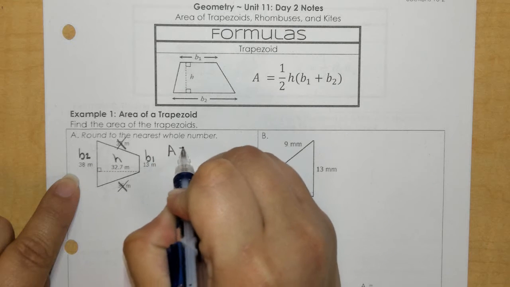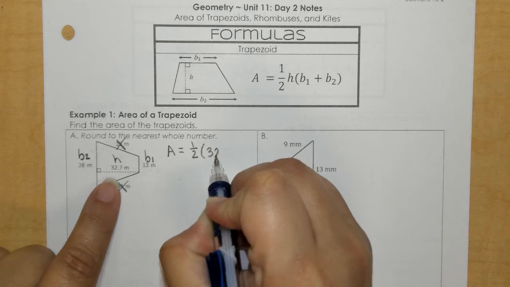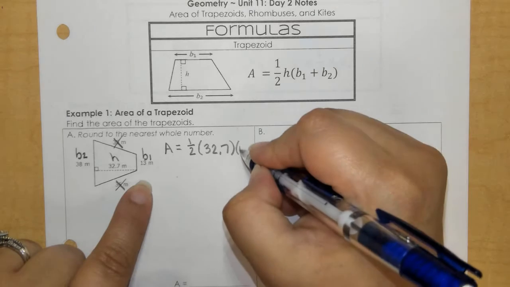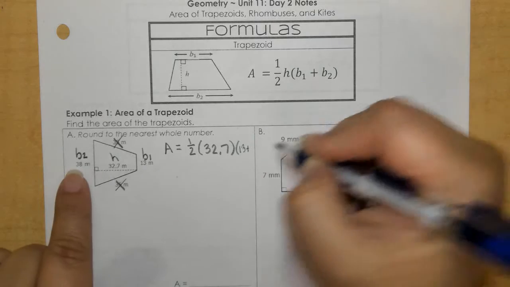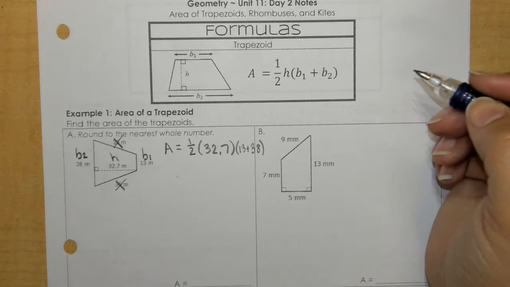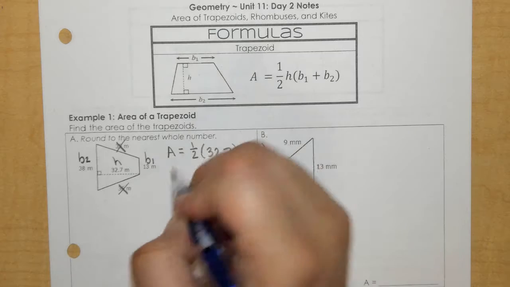So here I have area equals 1/2 times my height, which is the 32.7. And then I have to add the bases, so 13 plus 38. I would add first, giving me 51.